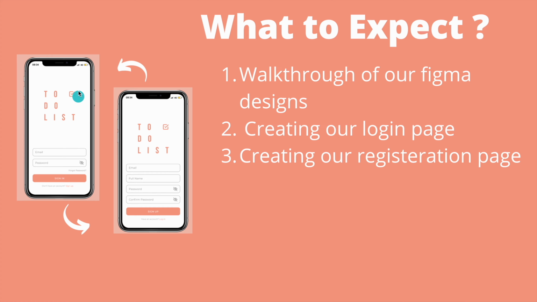As you can see here on the side, this will be our login page, and this will be our registration page. Another thing to note, we'll be creating a mobile web application using Angular. Now with all that being said, let's get to work.